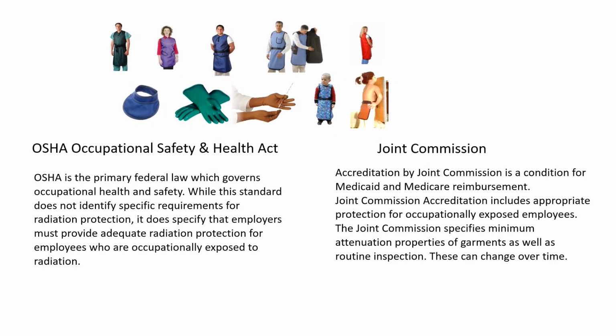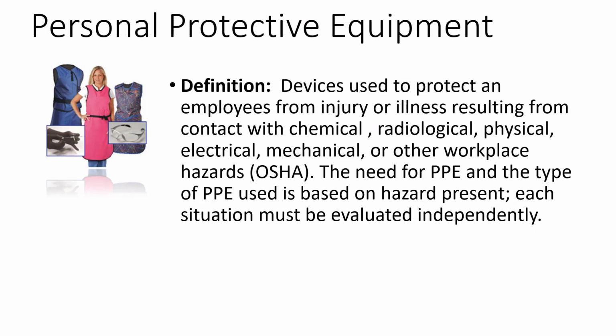Joint Commission and OSHA require documentation and inspection of personal protective equipment that deals with ionizing radiation. Remember, the items we use for personal protection against ionizing radiation are only one part of the personal protective equipment that is available throughout the healthcare system.